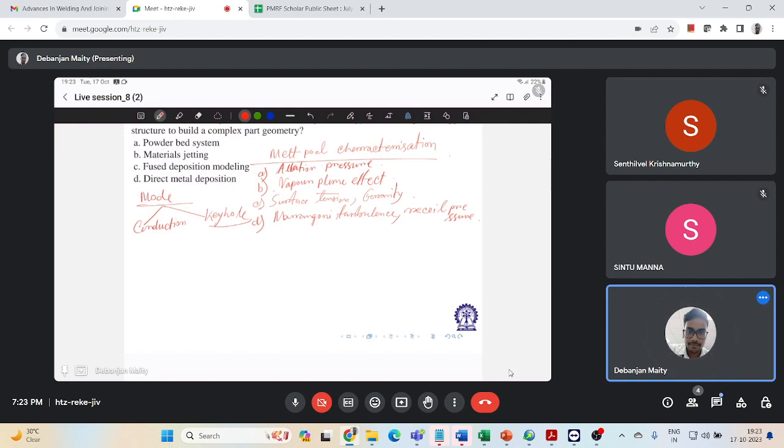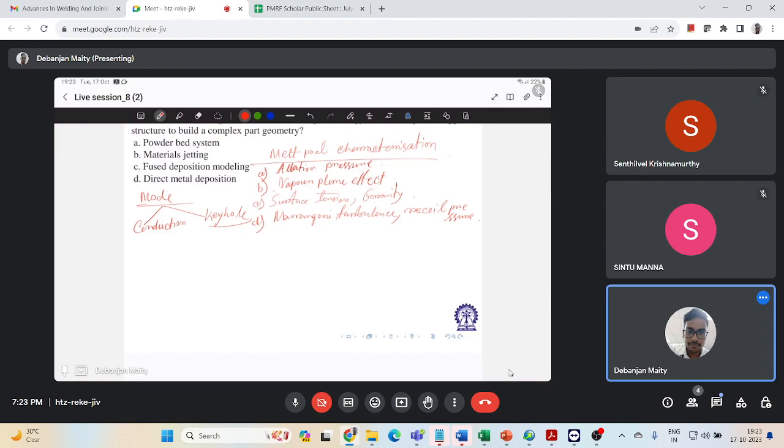Now, due to the extremely high temperature generated by the heat source, the molten pool surface easily exceeds the material boiling point, which can increase the pressure within the molten material. This is called the recoil pressure. This recoil pressure is applied on the melt pool due to the vaporization of the metal, and that results in a high velocity vapor plume.